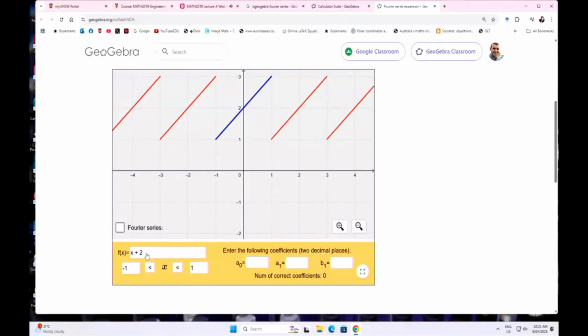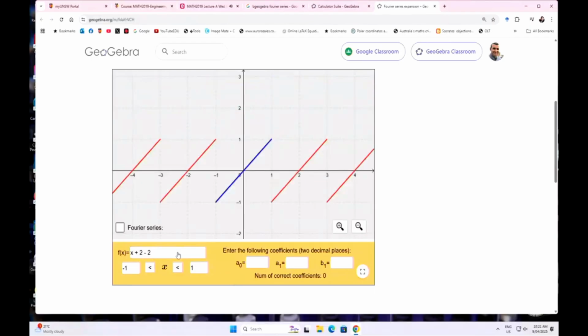Would you agree? Yeah? But can I make it an odd function somehow by doing something to it? What can we do? Yeah, shift it down 2 units. So, if I have this original function and I shift it down 2 units, boom.